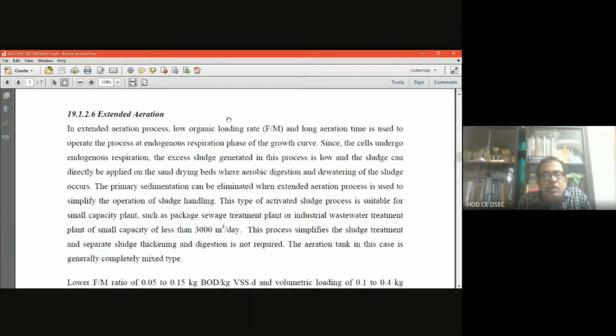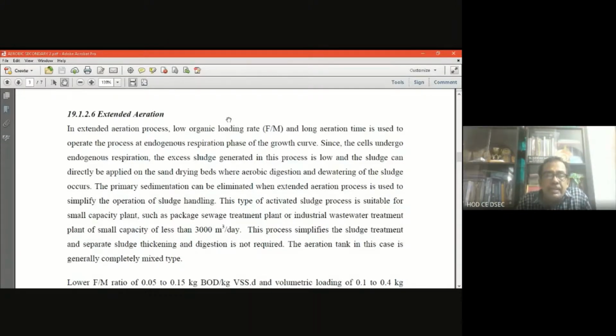The raw sewage, after the preliminary treatment, that is after the bar screen operation, can be sent into the extended aeration system without providing the primary sedimentation tank.